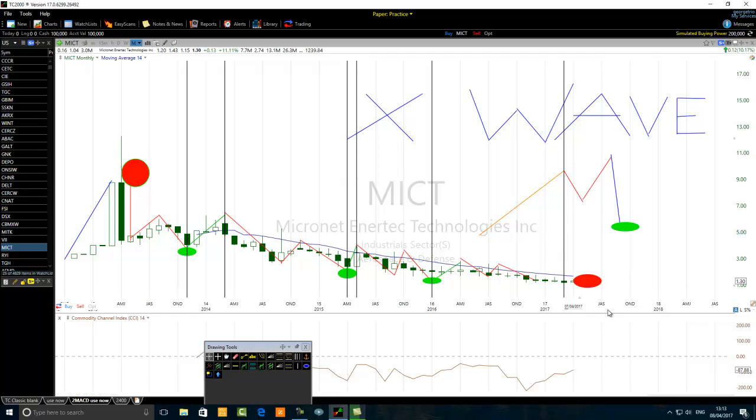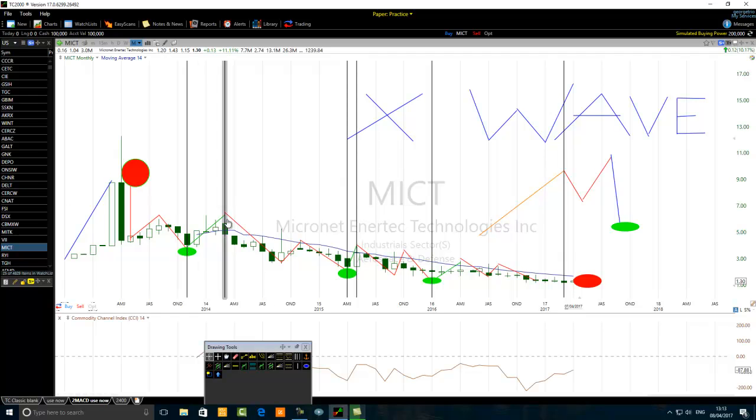But now what I'm trying to explain to you is that the X wave is also the connecting wave between two corrections. So you can see here that the X wave is connecting two corrective waves.